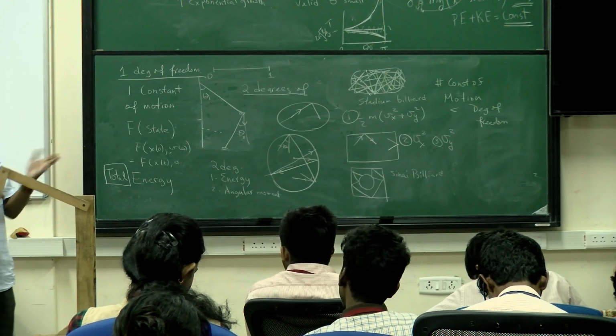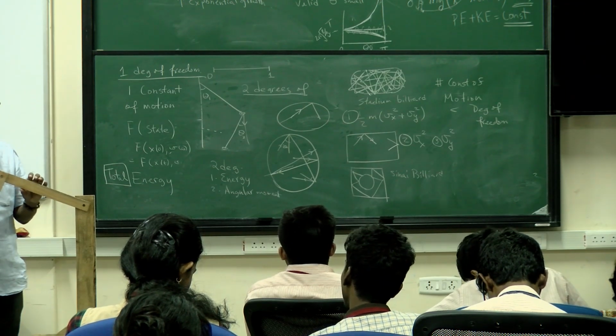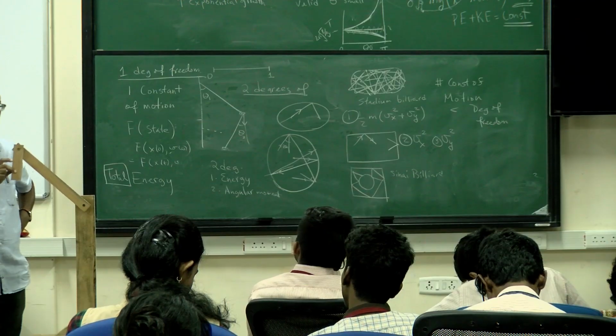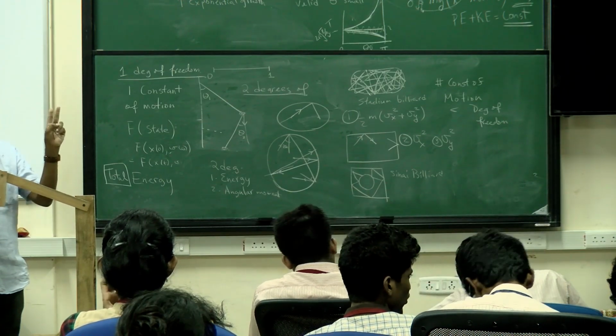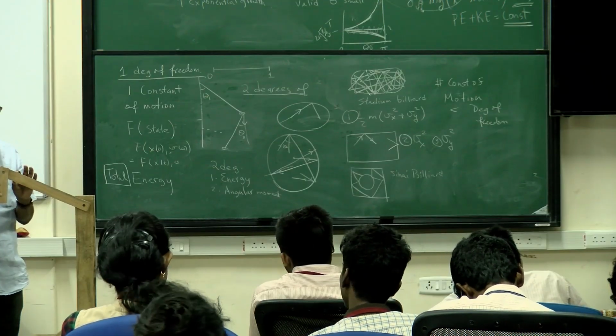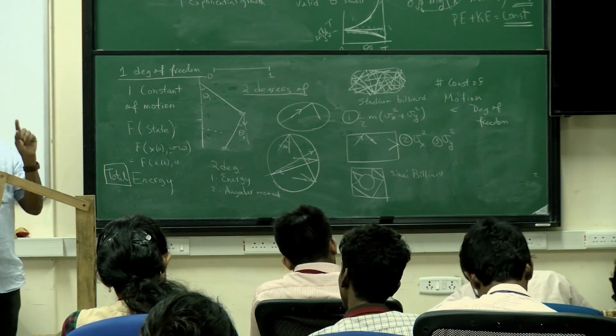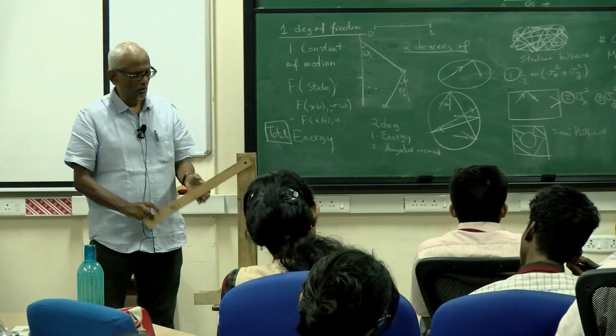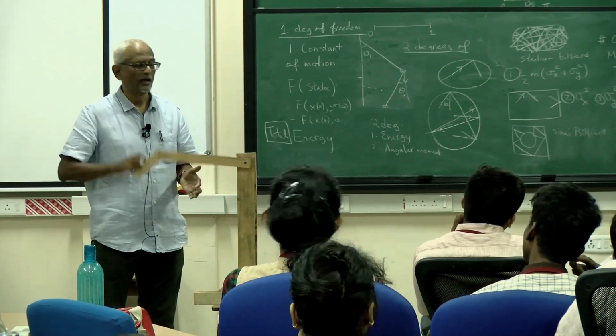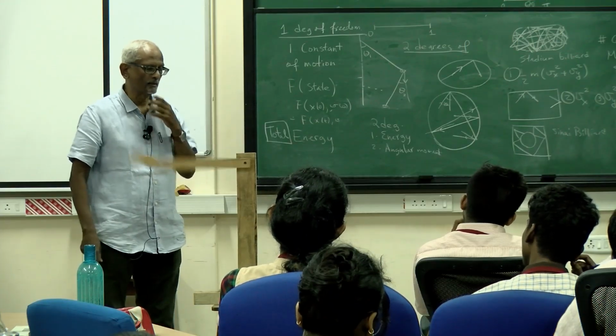Well, not in this real pendulum, but let's assume that we are ignoring friction. Only total energy is conserved. There are 2 degrees of freedom, only total energy is conserved, and it is nonlinear, and therefore it's capable of showing chaos. It does not mean that every orbit in this is chaotic. Low energy orbits are not. High energy orbits are chaotic.